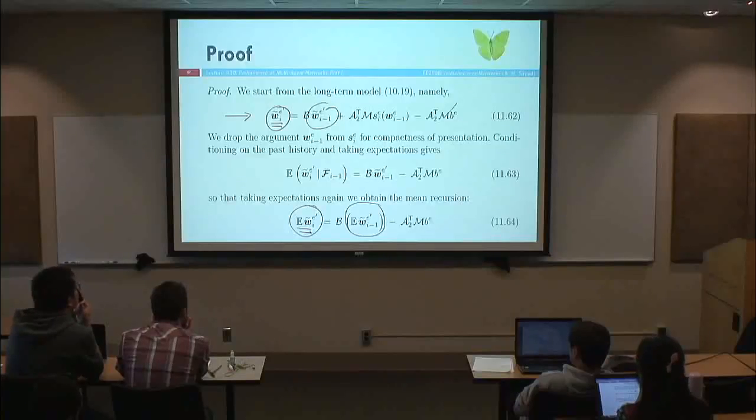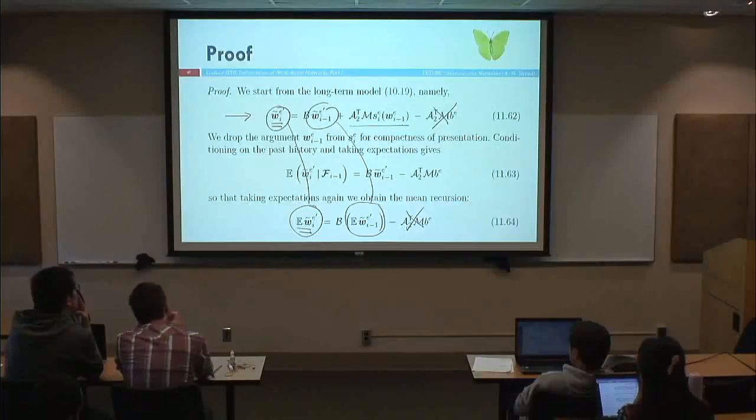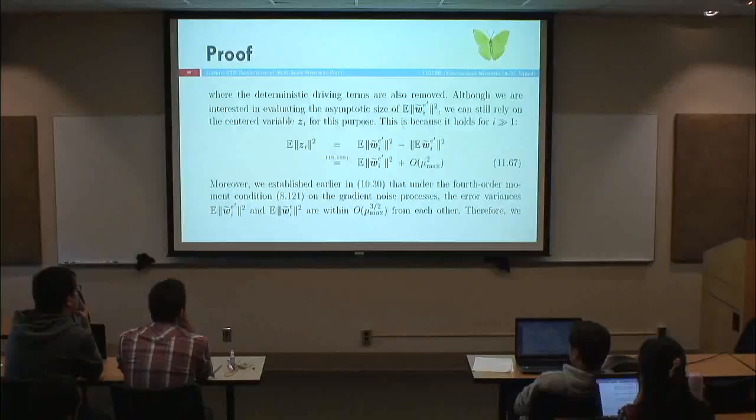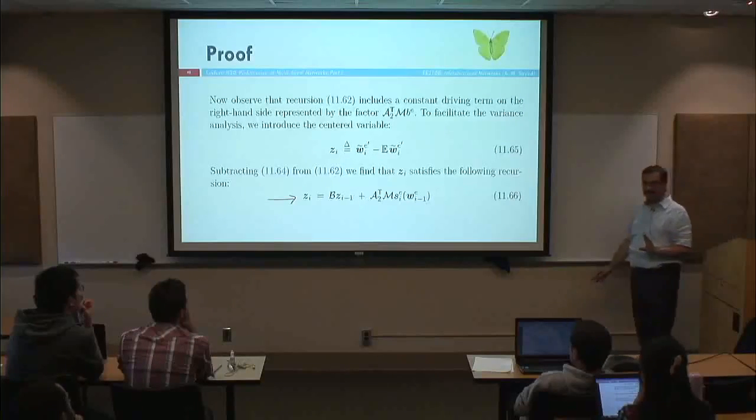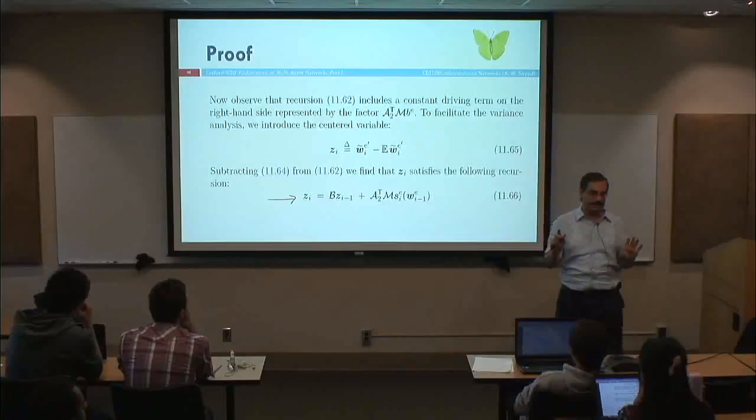This minus that will cancel. So you'll find that z equals B times z plus this. So this is the recursion for z. I eliminated the bias term. I'm now going to focus on z.